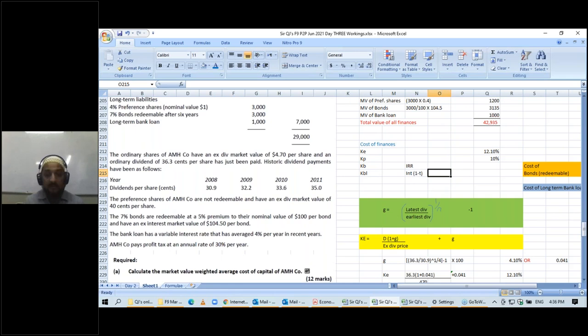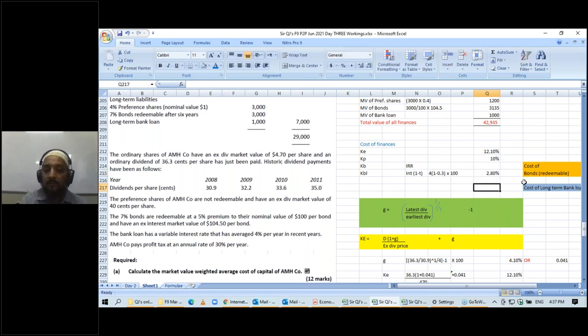So straight away, take 4% times 1 minus 0.3. This is the tax shield effect. Multiply it by 100. This gives you the cost of the bank loan, and the cost of the bank loan is 2.8%. So that's the cost of the bank loan.